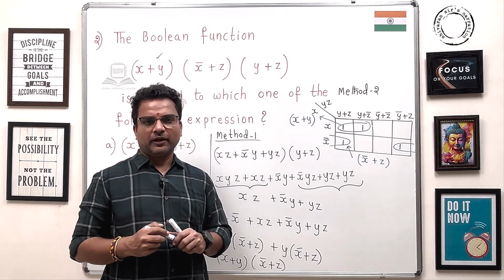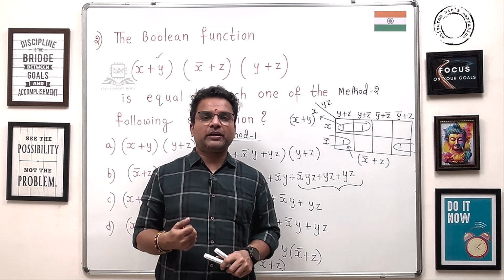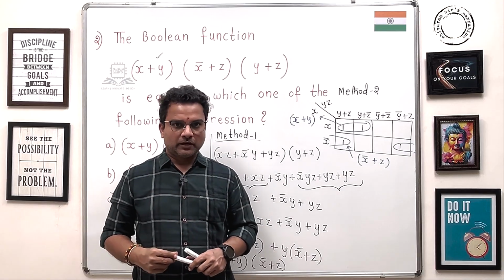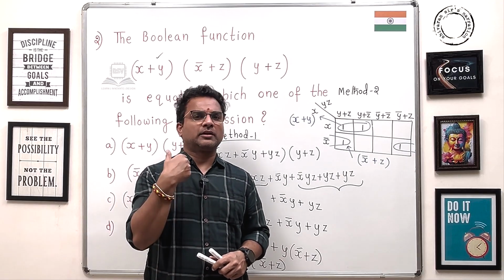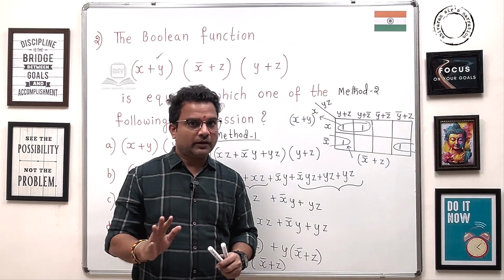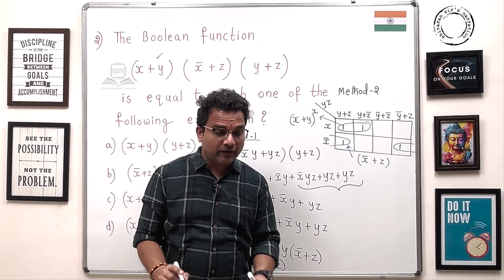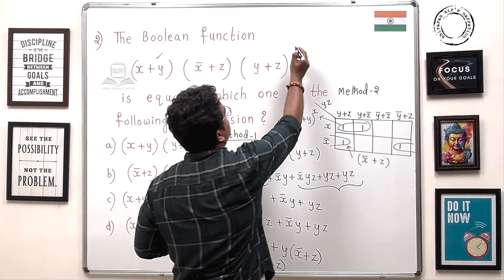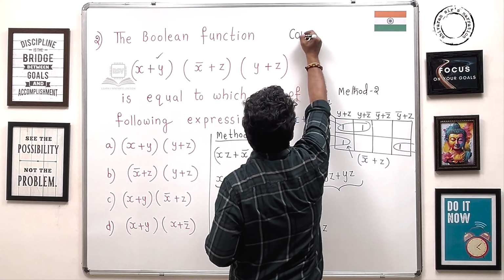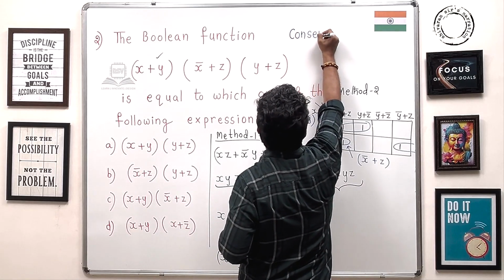What is that method? In Boolean algebra, we have different laws like involution law or De Morgan's theorem, etc. In the same way, we have the consensus theorem. Got it?